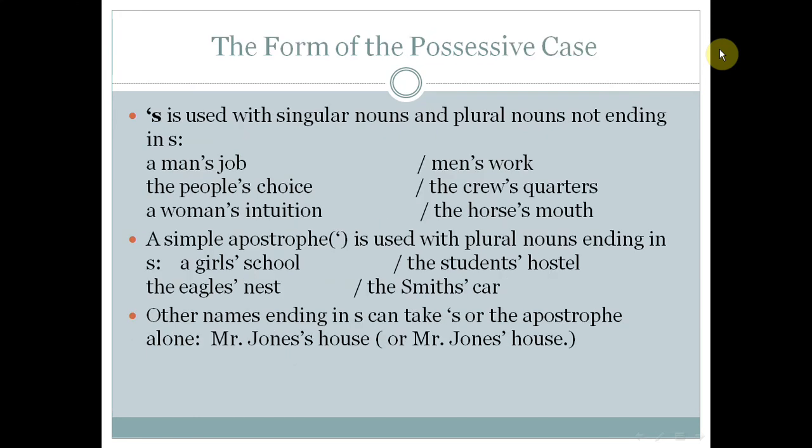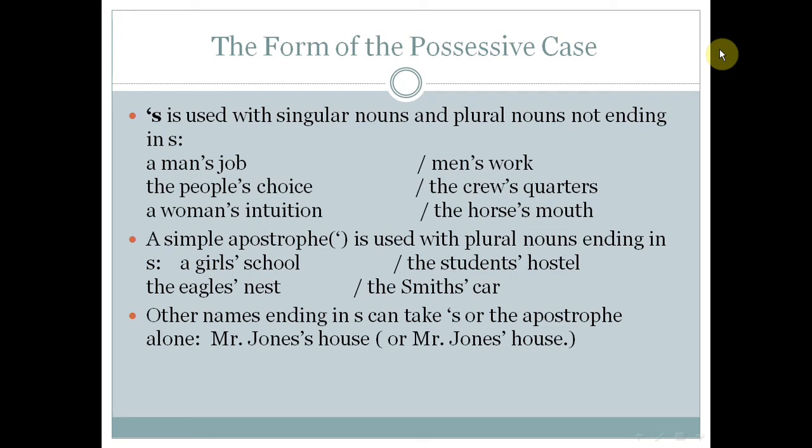The form of the possessive case. Apostrophe S is used with singular nouns and plural nouns not ending in S. Example, a man's job. Man, singular noun.